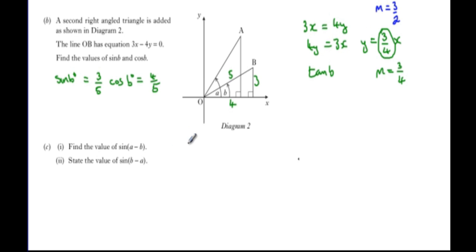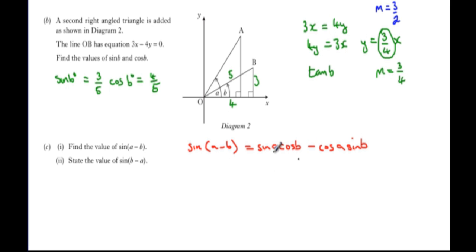To find the value of sine of A minus B in part C, we look at our formula sheet and we see the expansion for sine of A minus B is sine A cos B minus cos A sine B. Now we've just worked out what sine B and what cos B are, so we can fill them in.